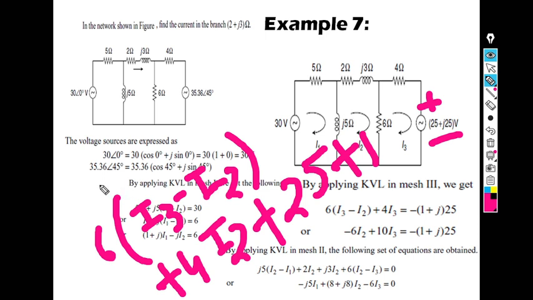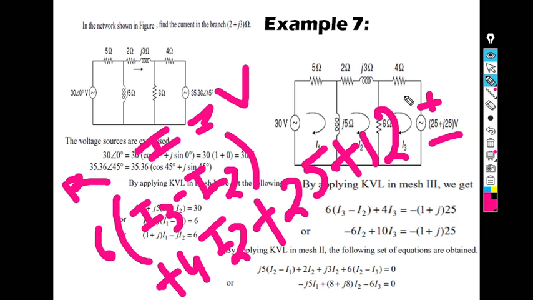And always check the IR drop. When you are doing mesh analysis, IR. So here it is the voltage, so we don't need the IR drop. Here IR means V. So I get V1, here V1, here V2, here V3 suppose. So 25 plus J25 bracket close is equal to 0.